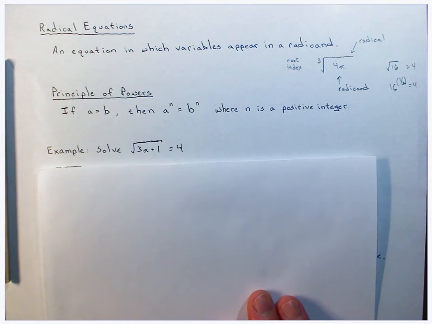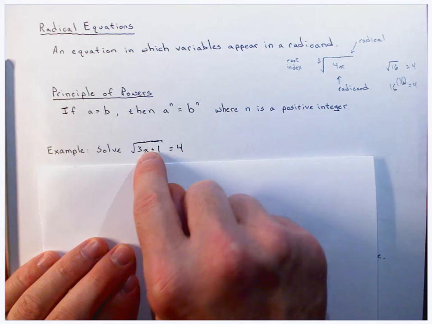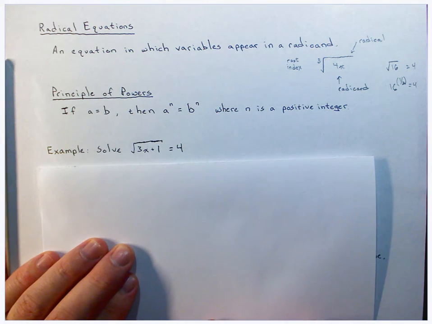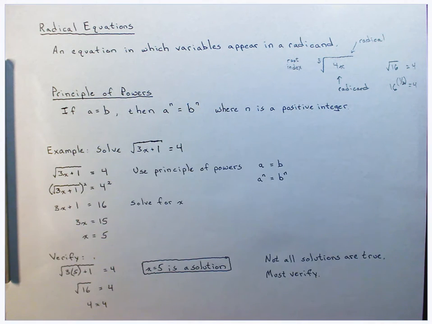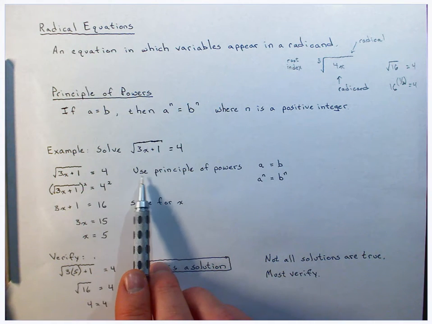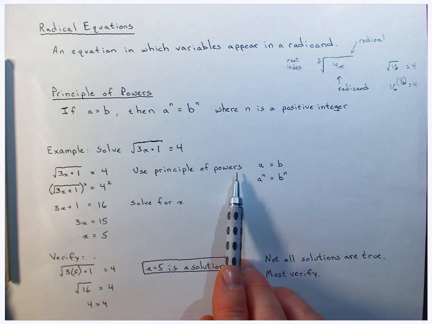But it gets more complicated whenever we make up our equations. Something like this: the square root of 3x plus 1 equals 4. We're going to take that and apply it. We can view this as being A and 4 as being B. So here's our problem: the square root of 3x plus 1 equals 4. I'm going to use the principle of powers.